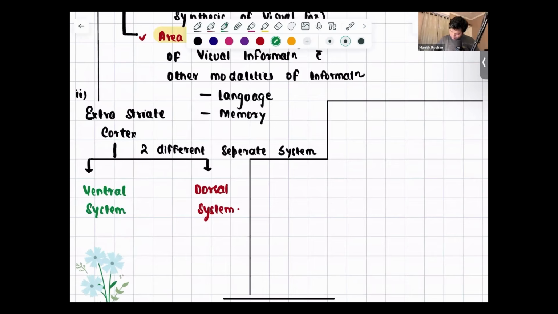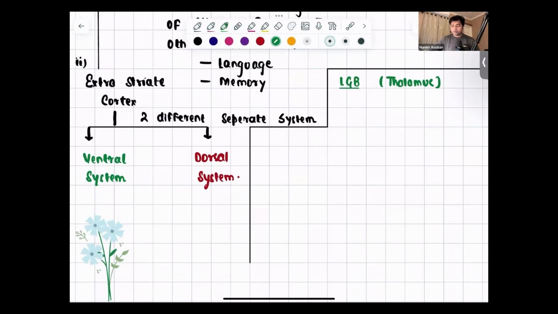It is a nucleus that is there in the thalamus. As we know, it has 5 layers. Suppose this is the lateral geniculate body, it will be having 5 layers.